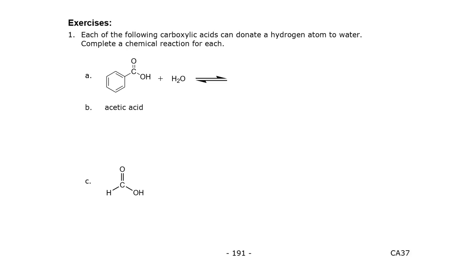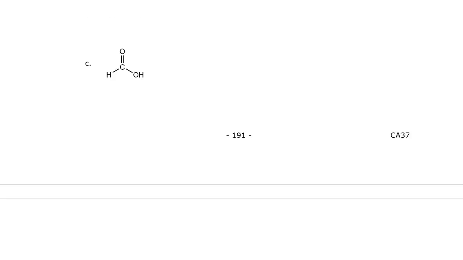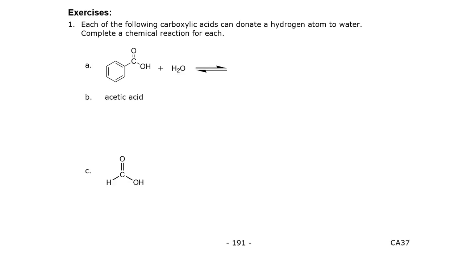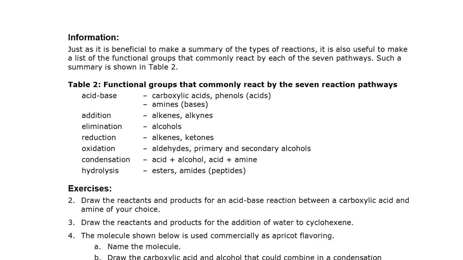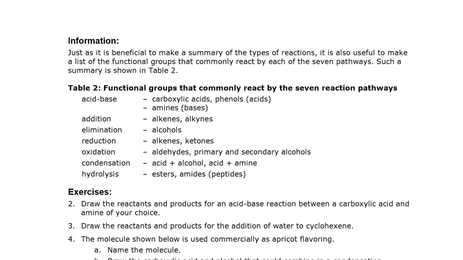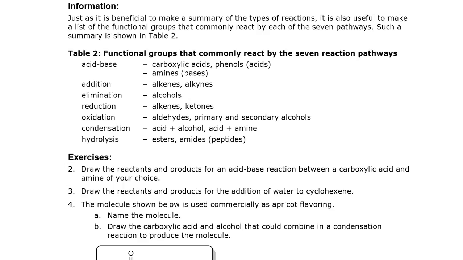So now you have some exercises where you practice these some more. Do them one at a time. Check your answers with the ones on the exercise solutions category of Blackboard. And hopefully you have a good feeling for these reactions. I will point out that here's some information given in the middle of the exercises which summarize the functional groups that are commonly found in these types of reactions.